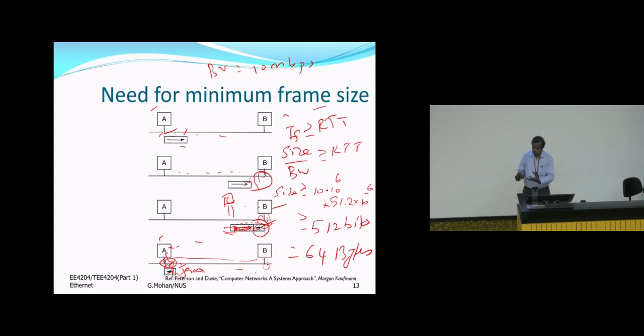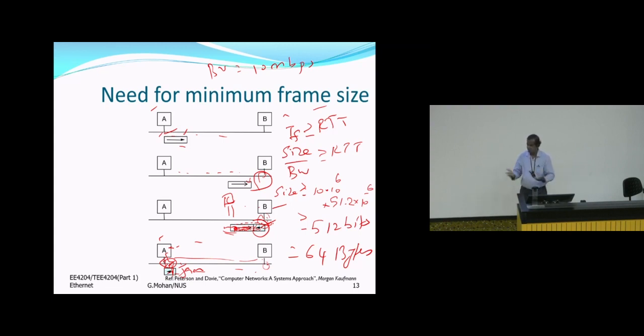So there is no guarantee that the number of bits and what bits are there in the jam signal will be received at A. What A requires is some bits should be received, right? So that bits, whether it's a jam signal or it's a valid frame, it's not distinguishing it. If it can distinguish that this is a valid jam bits, it's not a frame bits, okay?